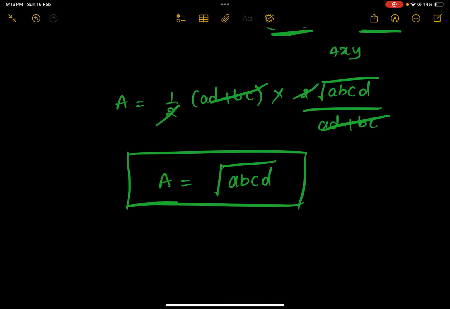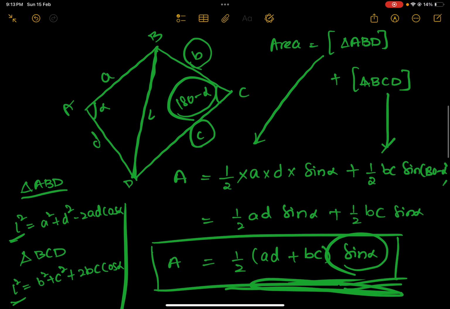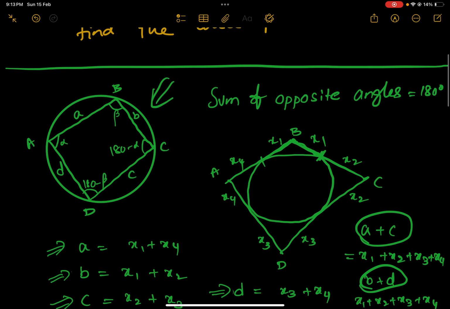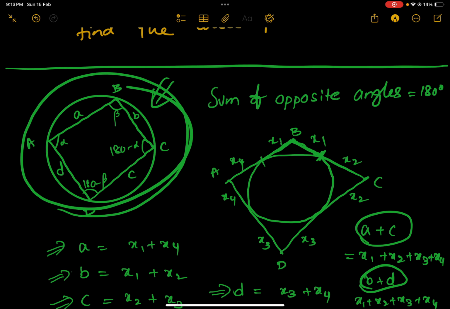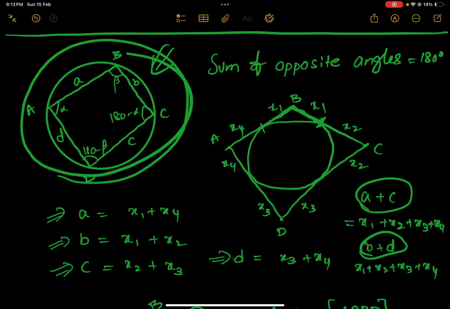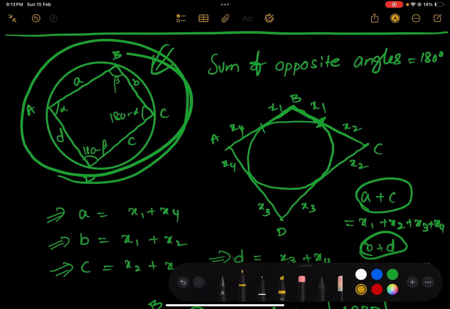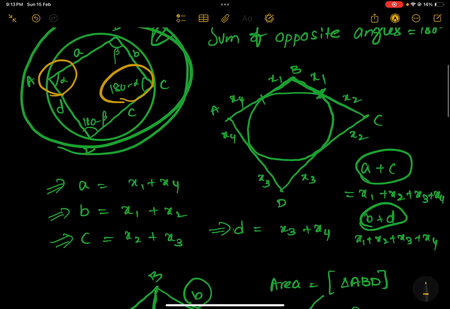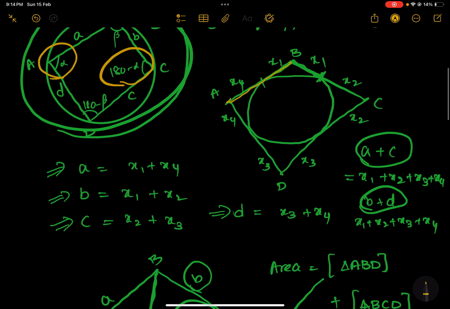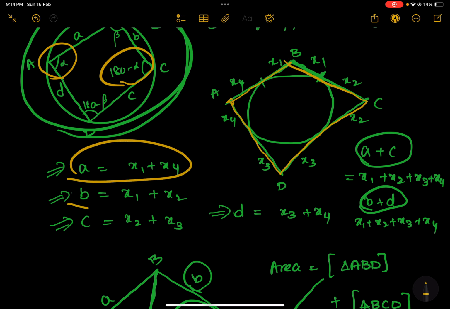So that's all for this video. I hope you have got something to learn from this. So initially, since we know the quadrilateral is concyclic, we concluded that the sum of opposite angles is 180 degrees. And then since this quadrilateral can be circumscribed about a circle, we wrote these 4 results.